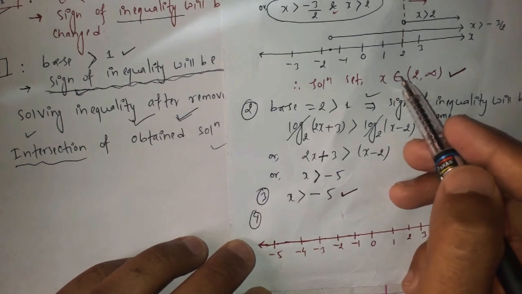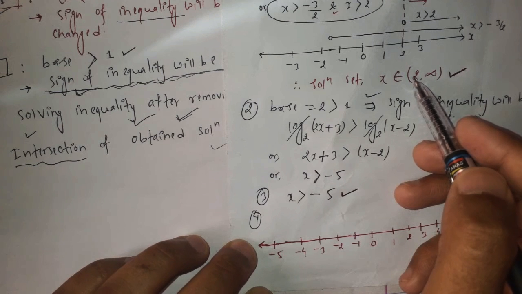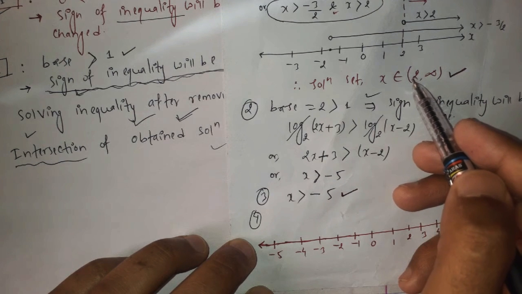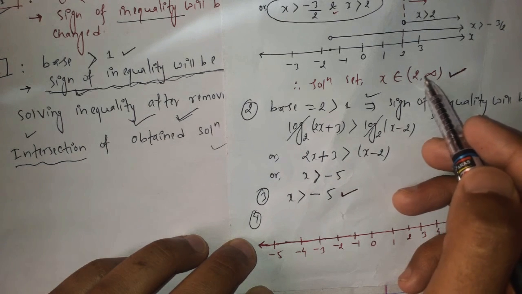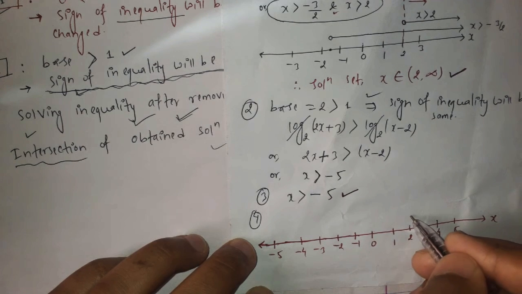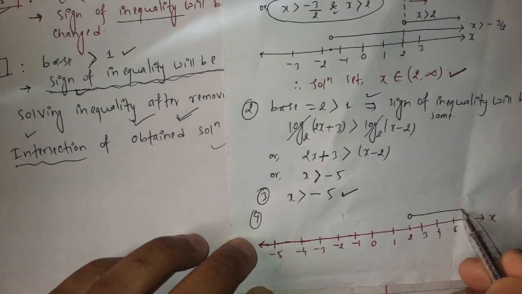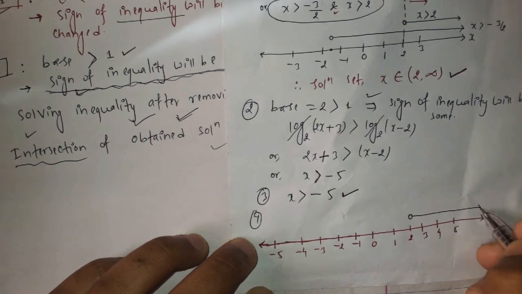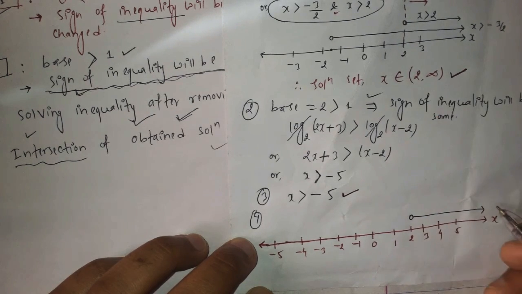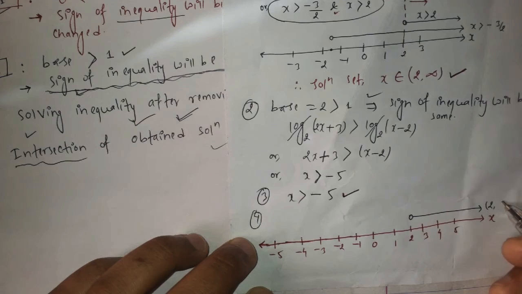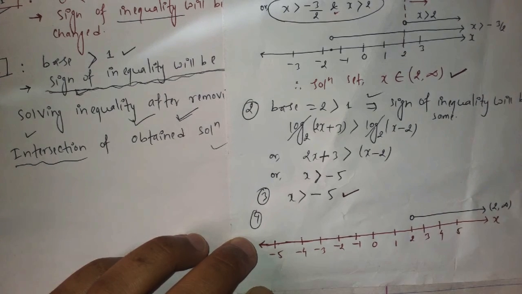First plotting this: 2 is not included here, greater than 2 to infinity. So 2 is not included, from 2 to infinity. This region is for x belonging to the interval between 2 and infinity.